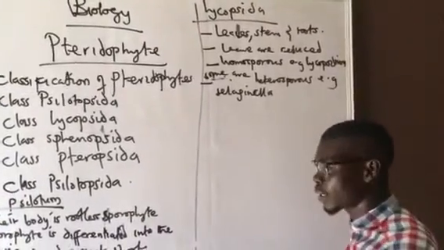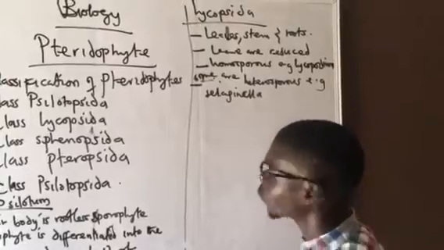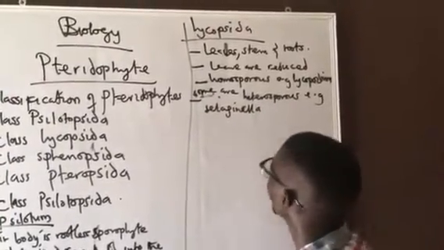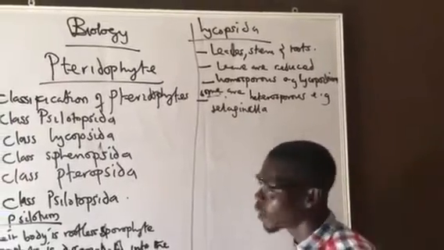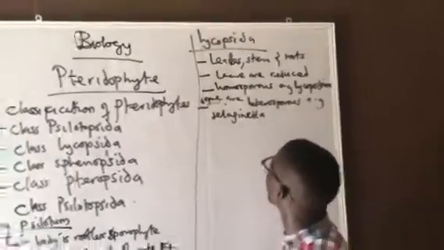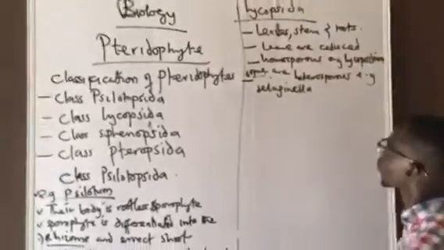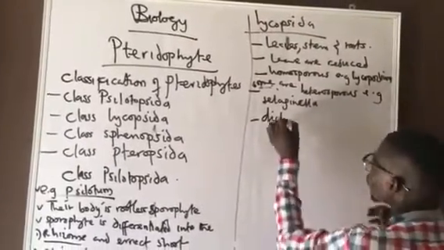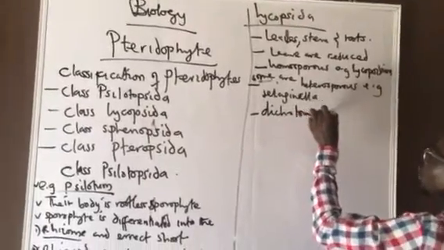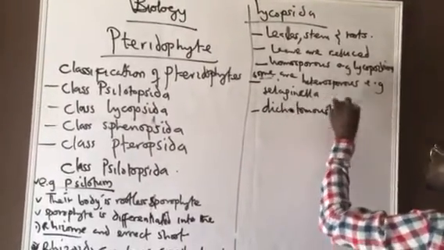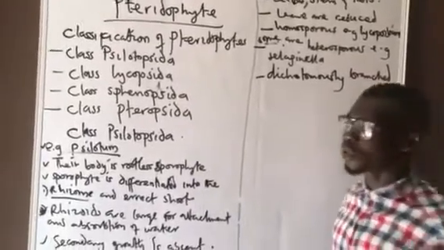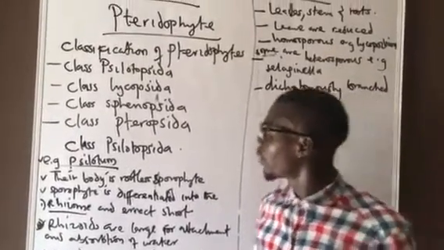We are going to understand why they have two kinds of spores when we talk about their life cycle. Now we are talking about their characteristics. So this group, their stem is also dichotomously branched. It can be divided into two. So those are the characteristics of Lycopsida.